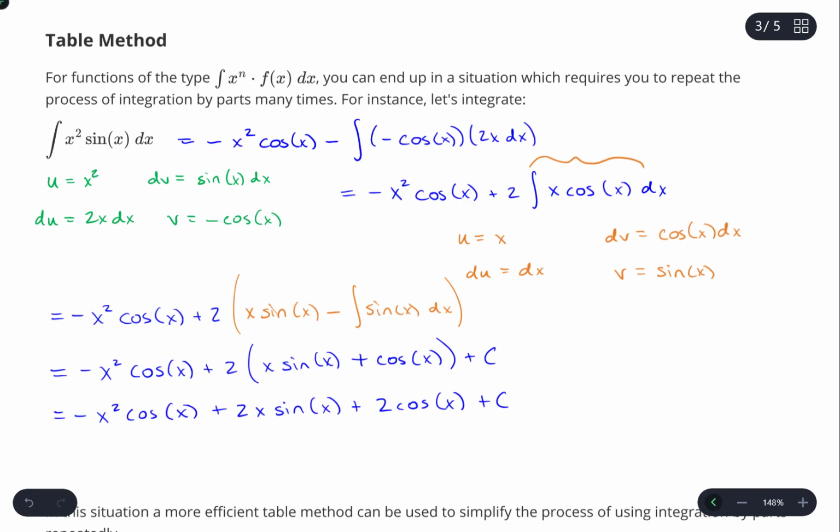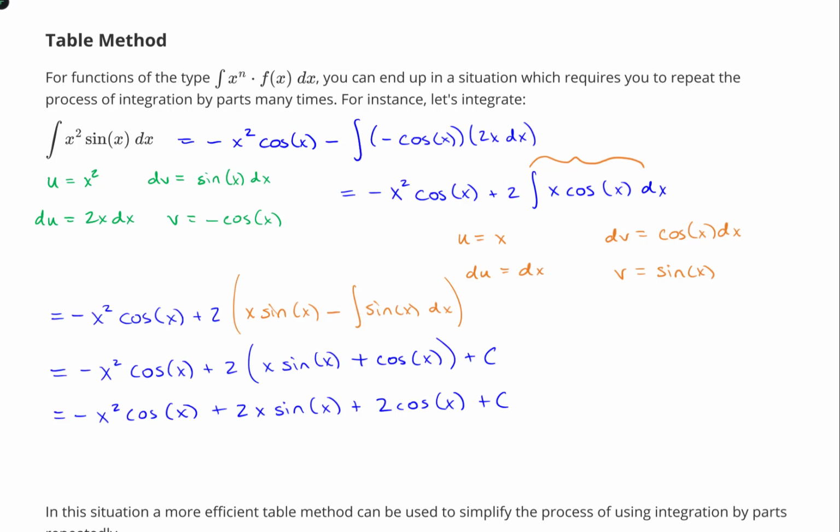Now, I think you can see the problem here. If we were to have x cubed or x to the fourth or any other power of x, we would have to do that many rounds of integration by parts. So luckily, someone came along and discovered a method of simplifying this.